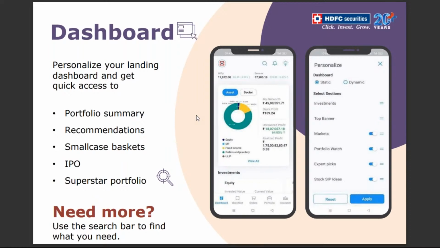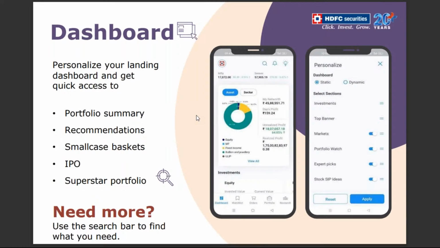For equity and mutual funds, you can see how much amount you invested, what is the investment value, what is the current value, whether it is in profit or loss, whether you booked the loss or the profit or not, whether it is realized or unrealized profit. Everything can be shown under the portfolio summary, and you can also see the performance of the particular investments.